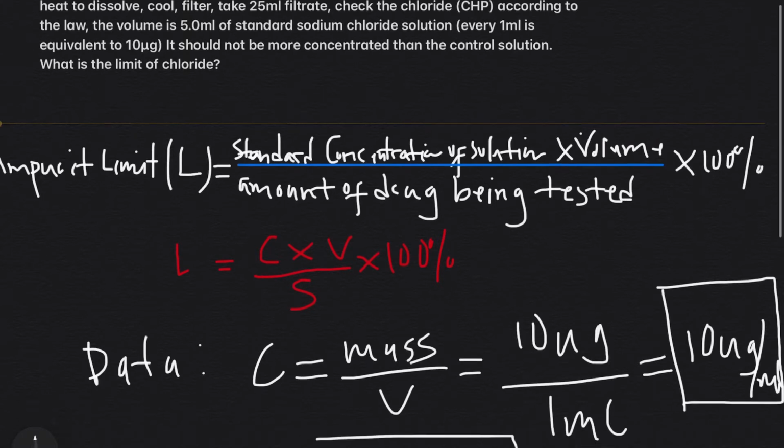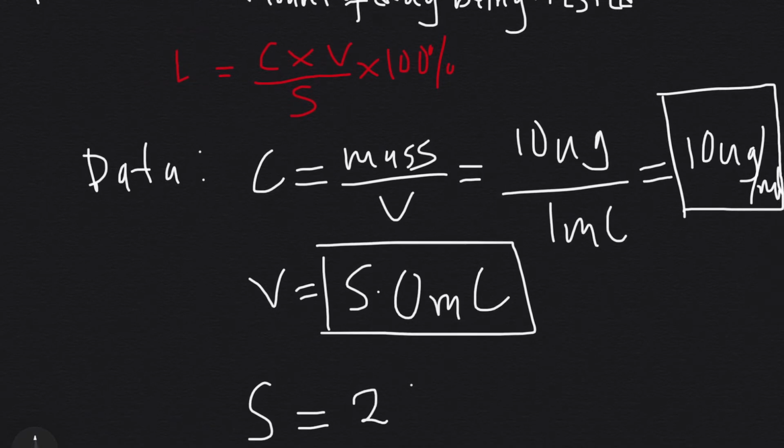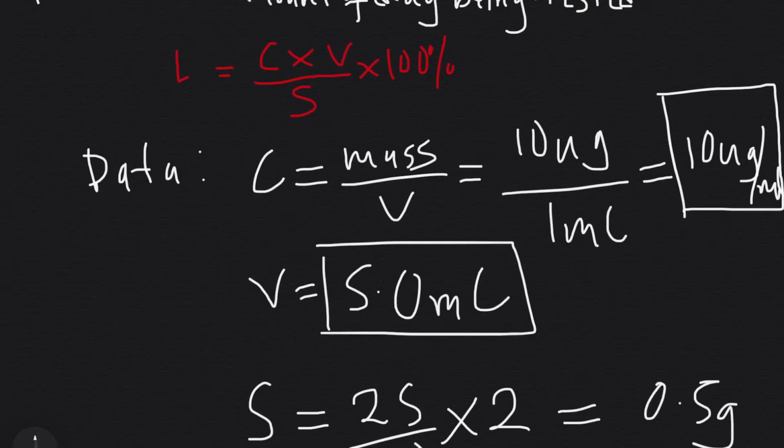We only took 25 out of 100 millimeters of the dissolved drug. So now once we multiply 25 by 2, we have 50. 50 divided by 100, we're going to have 0.5 grams.